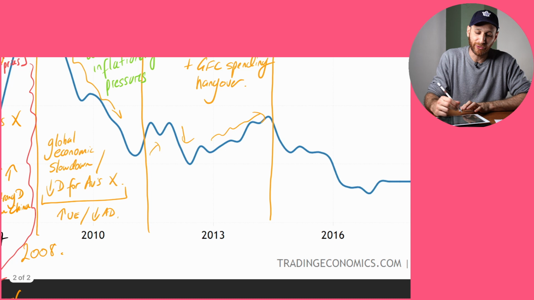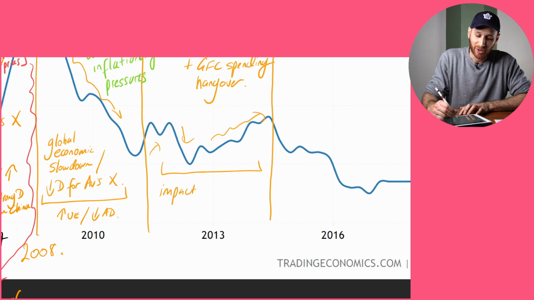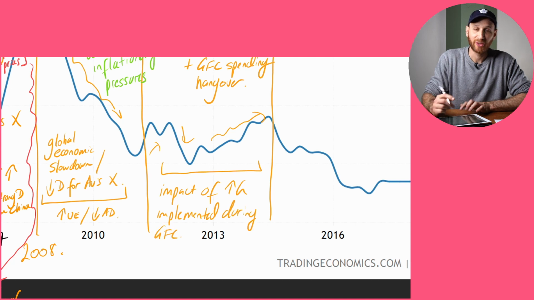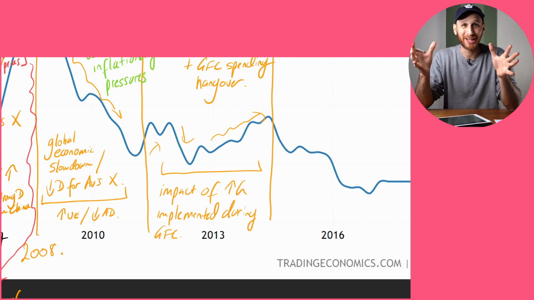So what we're still seeing over this period of time is the impact of rising government spending that was implemented during the GFC, that it's still having that hangover impact.